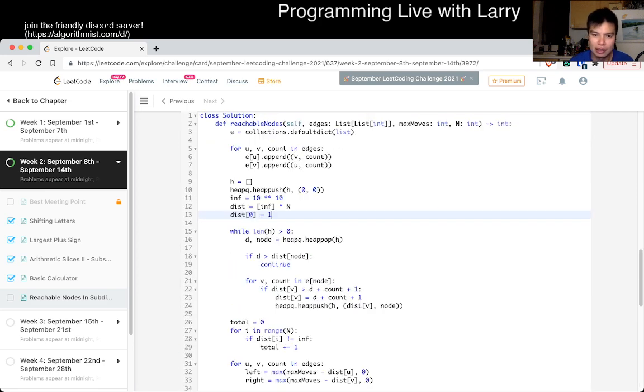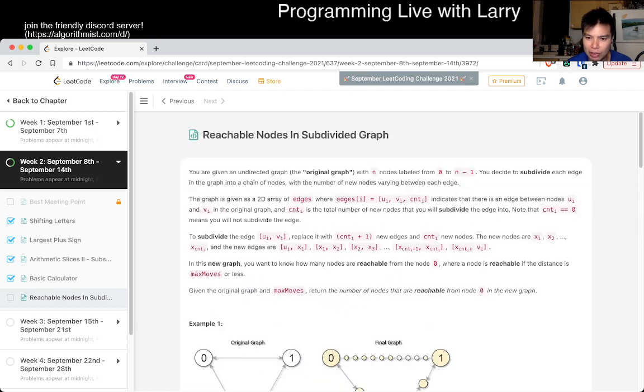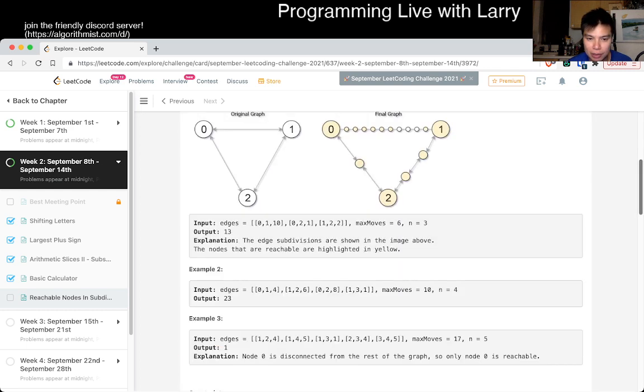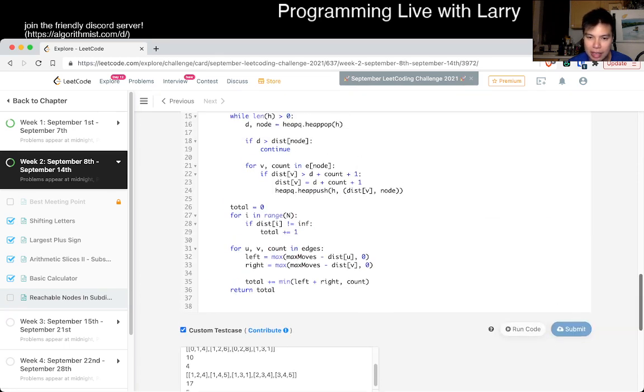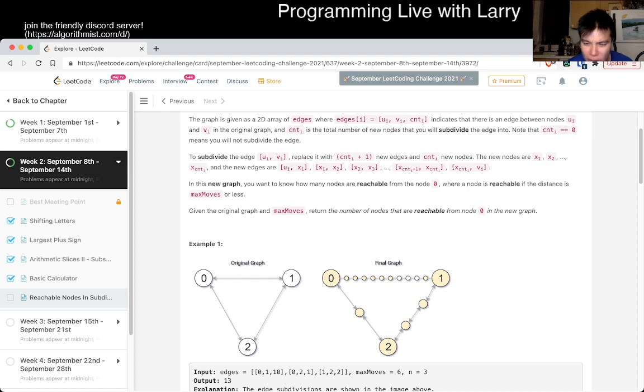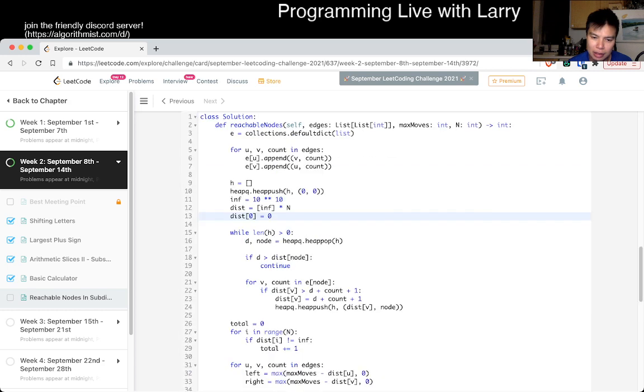I think this is still max moves from 0, so it doesn't count the node 0. Oh no. Yeah, I don't know. I think this should still be 0. Okay, because I think that's just max move. So then it takes count number of moves plus 1 to reach the new node. Yeah, I think that's okay.